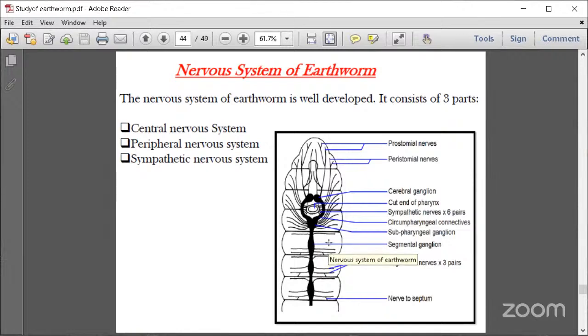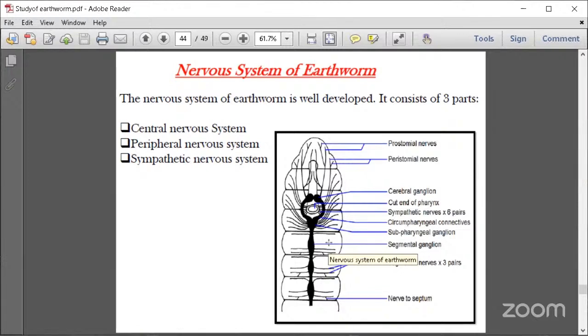So, when coming to the ventral nerve cord, it is a long, thread-like, double-layered structure which arises from posterior part of subpharyngeal ganglia and runs posteriorly up to the last segment of the body, which extends from fifth to last segment.